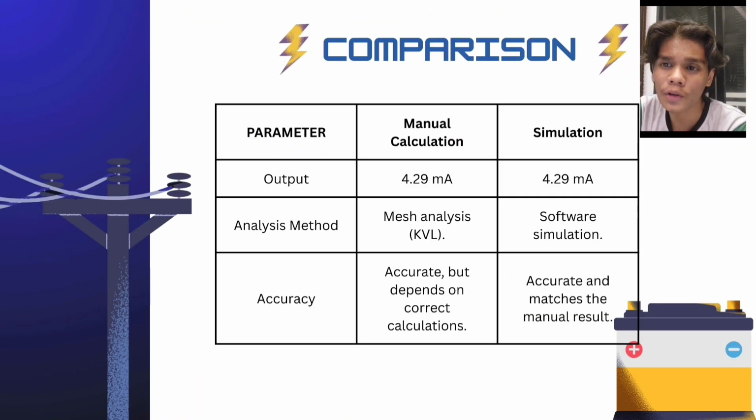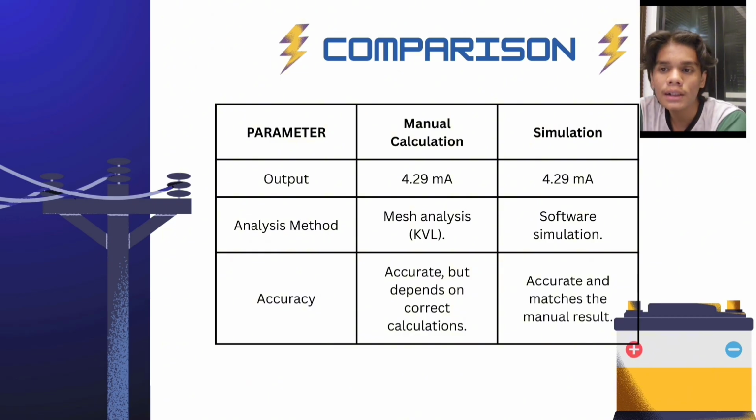Comparison part, we go through this. We got three like before: we got output, we got analysis method, and then we got the accuracy. As you can see, the output for both calculations, we got the same 4.29 milliampere, same as for the simulation.